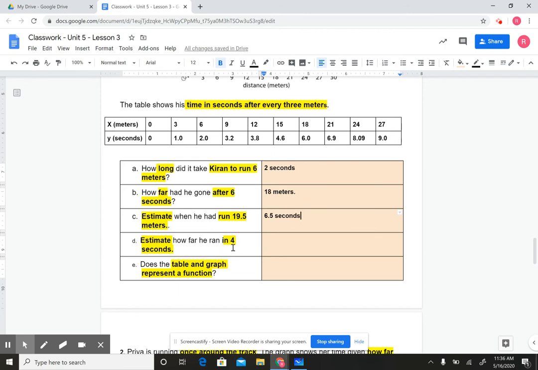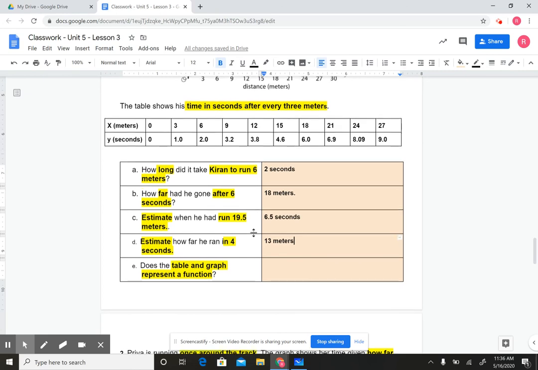Estimate how far he ran in 4 seconds. You can see 4 seconds is right here, and he ran 12 to 15, so that would be, let's say, 13 meters. Okay.